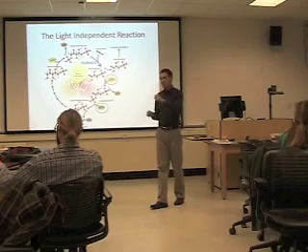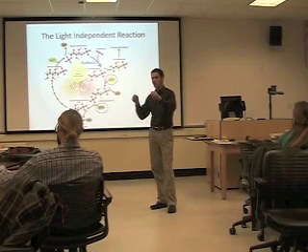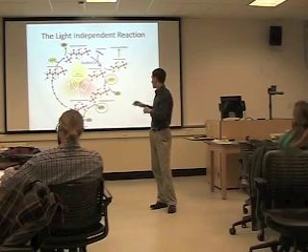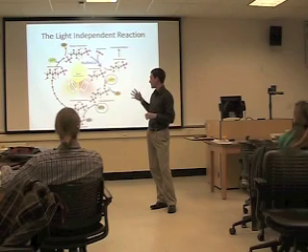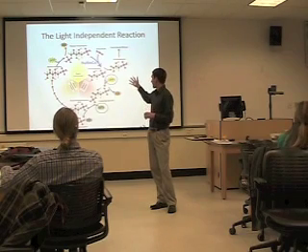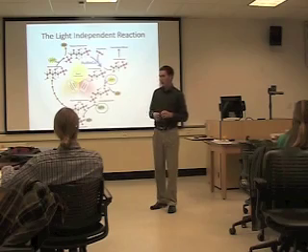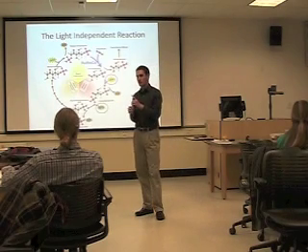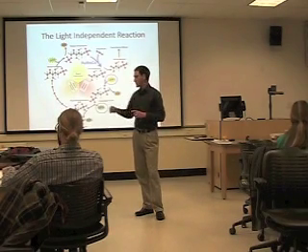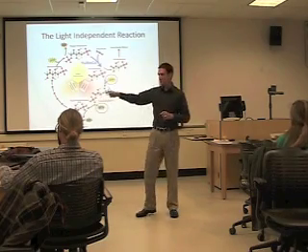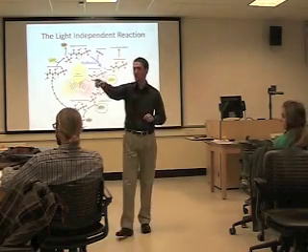Take the 2 3-carbon chains that you have, and you're going to regenerate the 5-carbon paper clip chain, and you're going to make 1 6-carbon sugar. So where do we have 5? 1, 2, 3, 4, 5.